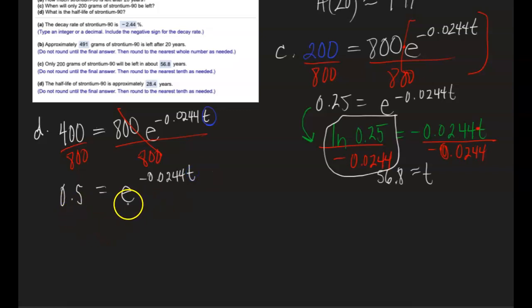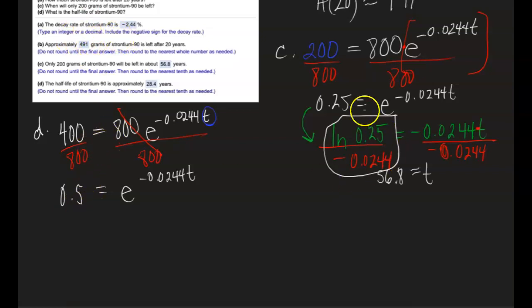And by the way, this will always happen when we do half-life problems. If you think about it, no matter what you start with, you will purposely place half here as A of t, the output, and then solve for t. So every time that you go back and you divide, you should end up with 0.5. So that's kind of a little bit of a shortcut, I guess you could say.